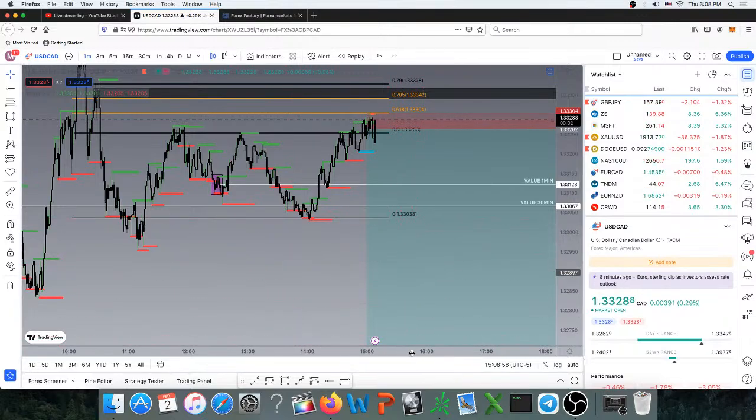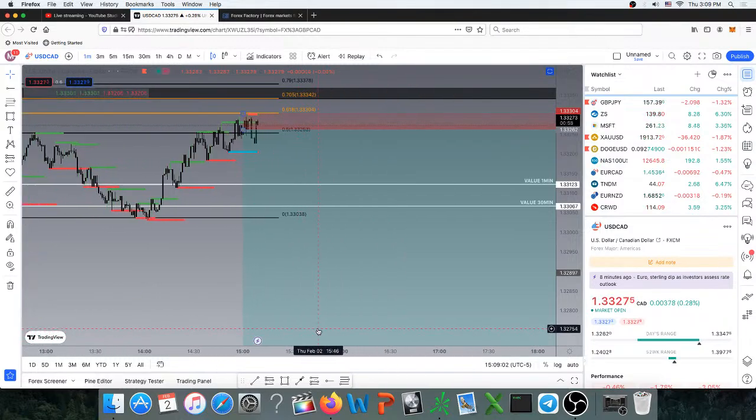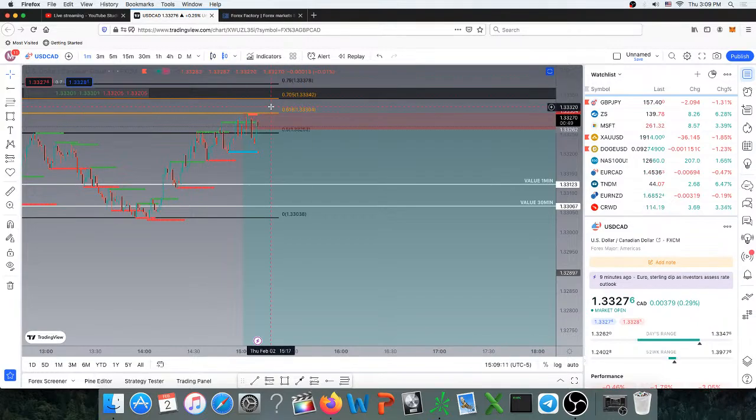Watching how price reacts to this area. See, when I change the colors, it's hard to see. I just like to see black.